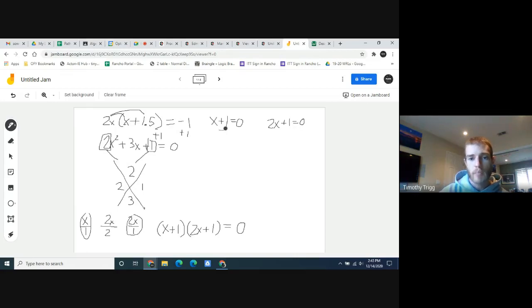Solving for x here, you would minus 1, minus 1. So that'd be x equals negative 1. The other one, minus 1, minus 1. 2x equals negative 1. Then divide by 2 both sides to get x by itself. So x equals negative 1/2 or negative 0.5.